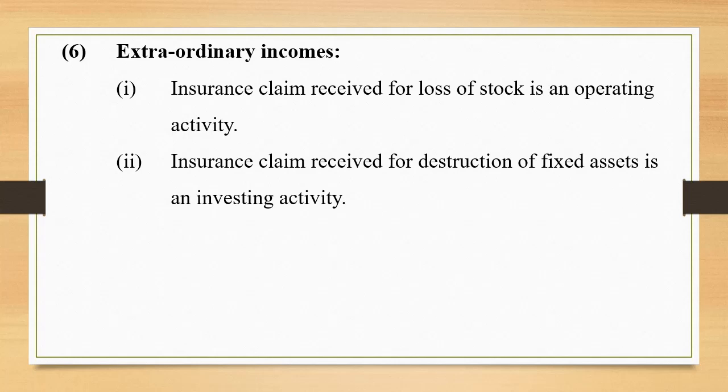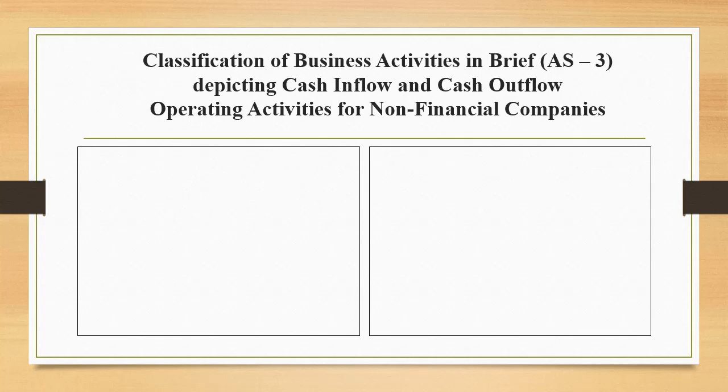Second, insurance claim received for destruction of fixed assets. Suppose any of your fixed assets, plant and machinery, has been destroyed by fire and you have received some insurance claim on that. Again, when we talk about fixed assets, it has to go by default in investing activity.